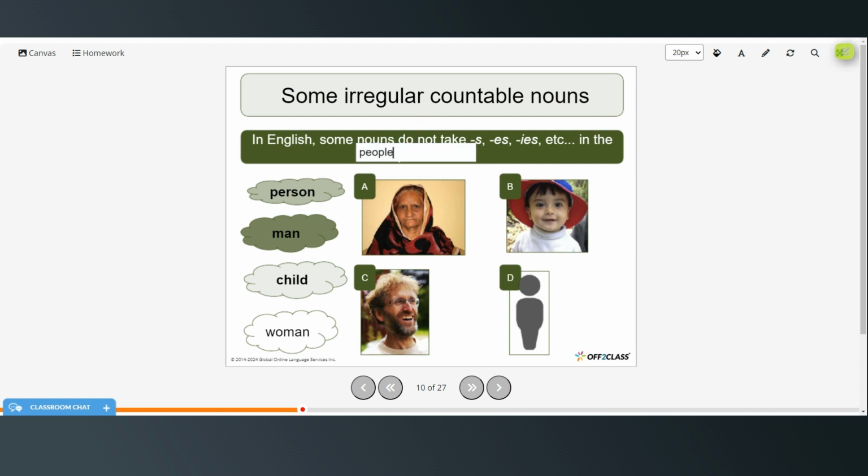So 1 person, many people. Man, the plural is men. Child, the plural is children.